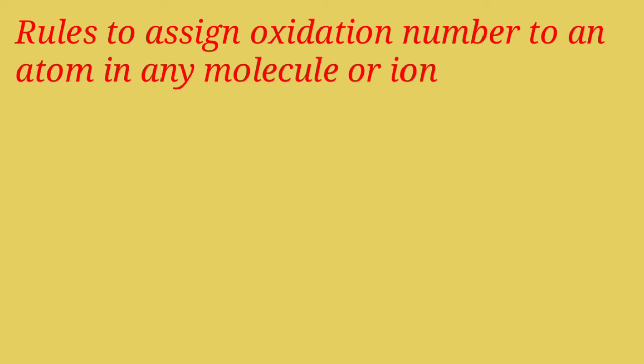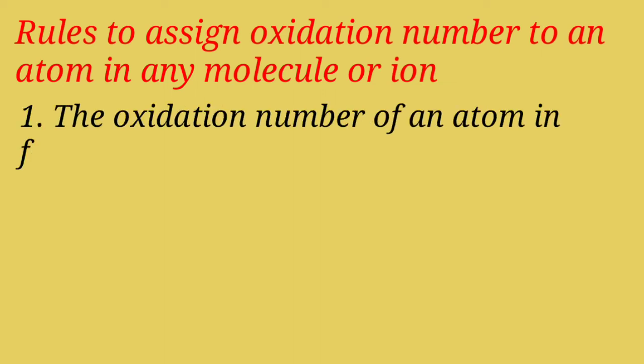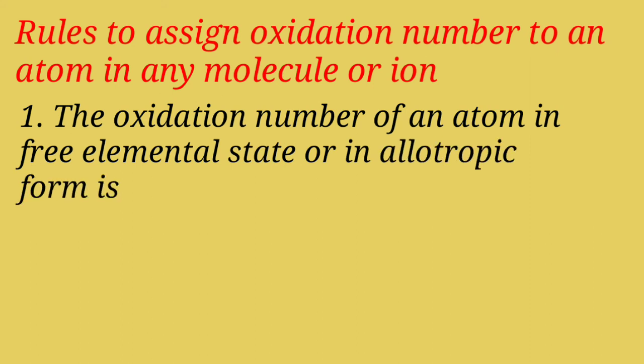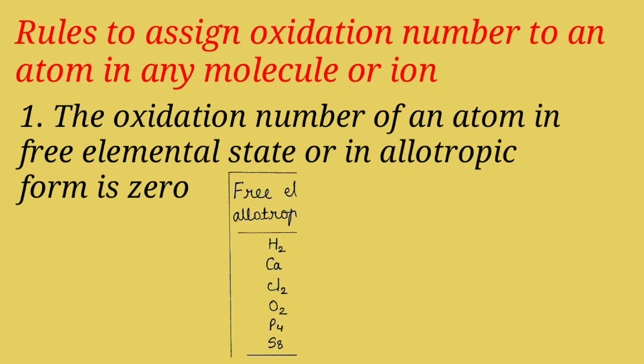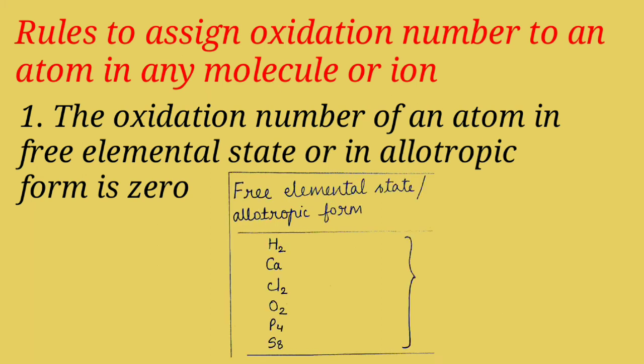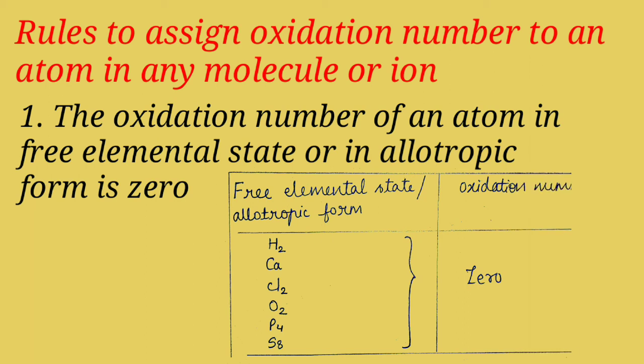First rule states that the oxidation number of an atom in free elemental state or in allotropic form is always 0. Here, the hydrogen, calcium and chlorine are in the elemental state, whereas phosphorus and sulfur are in allotropic form. Their oxidation number is 0.